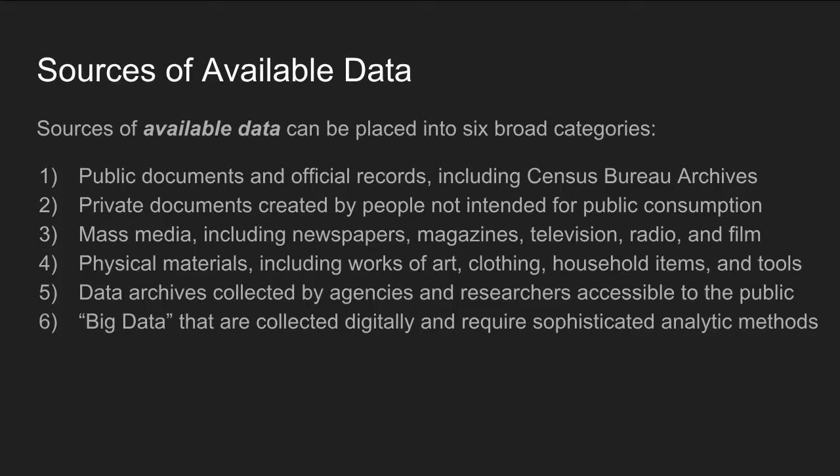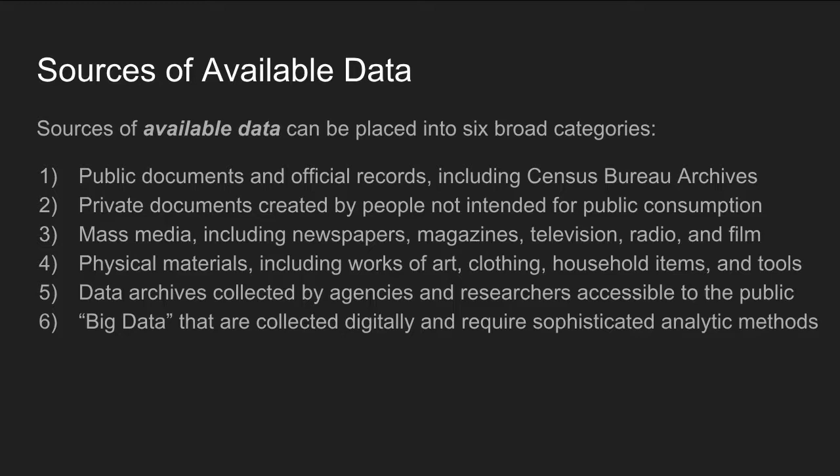It can also include private documents that are created by people but were not really intended for public consumption, but yet were made available or were collected by researchers to aid in their analysis. A third source of available data are mass media, stories that are produced by newspapers and magazines, television, radio, and film.